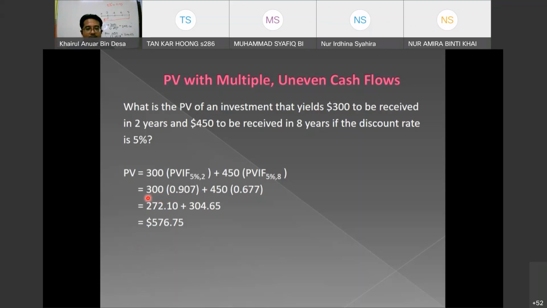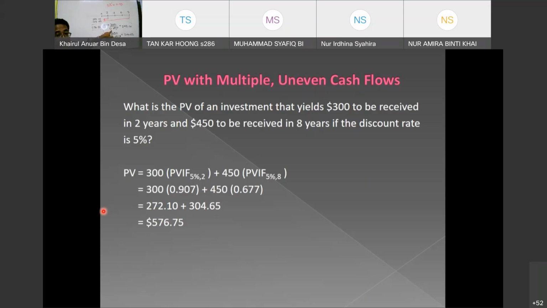Cuba kira 300, 0.9070 tadi tak dapat 300, sebab saya ikut yang sepunya. Kalau ikut formula ni 300, 1.05 kuasa 2, 2 tahun, tak dapat. 300 bahagi, okey.